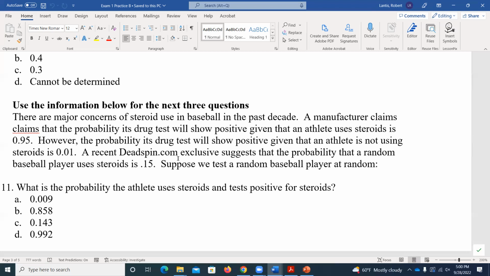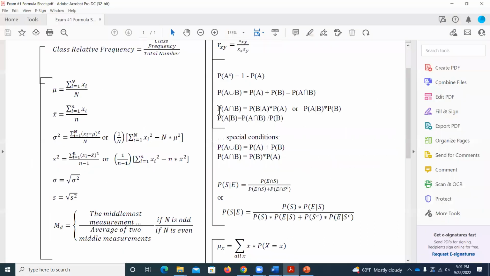Think of this as my event A and my event B. How can I solve for the intersection of 2 things? Well, I don't have any intersections here. I've got a bunch of conditional probabilities. If I look at my formula sheet, I can find the intersection by taking the conditional probability times what I'm conditioning on. So here I've got my A and B.